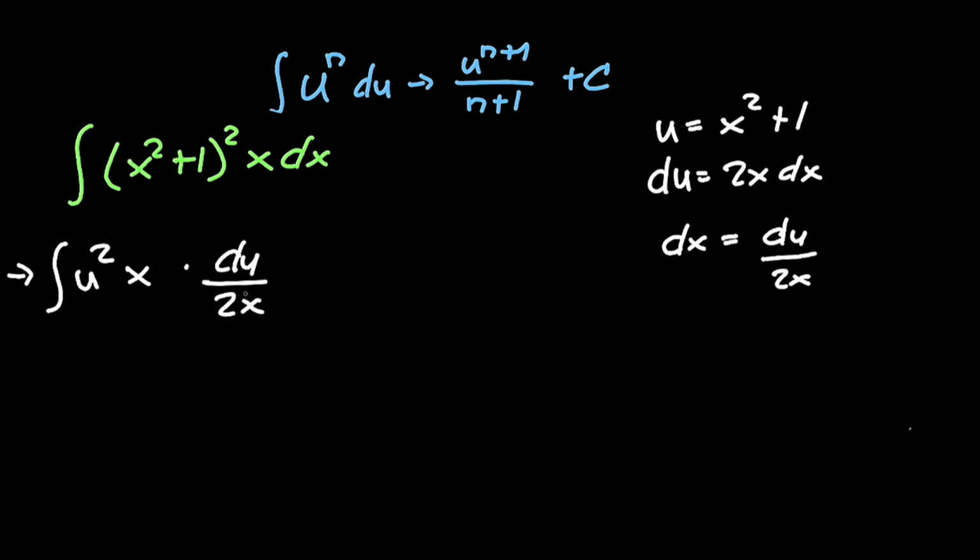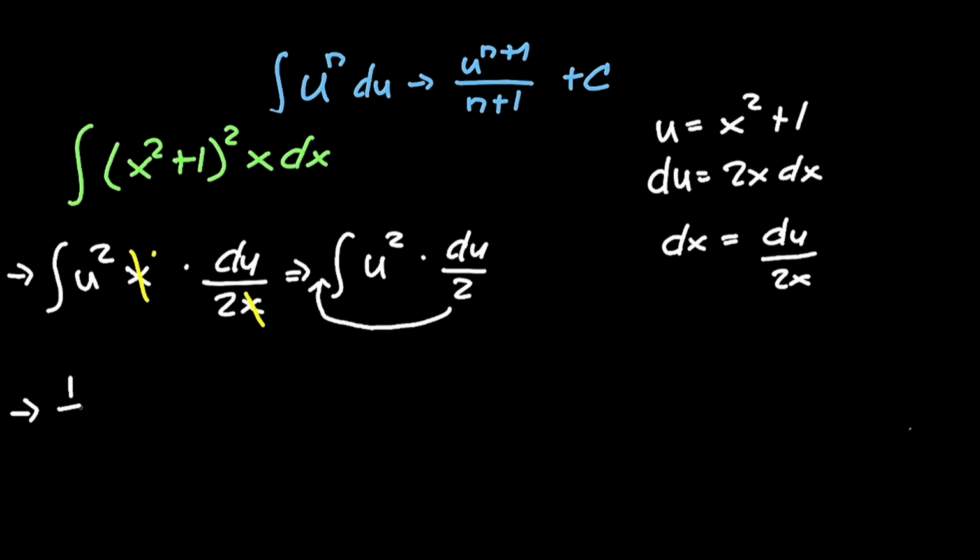As you can see, this 2x will cancel, so you are left with the integral of u squared multiplied by du over 2, which you can put right outside. So you will get 1/2 the integral of u squared du.